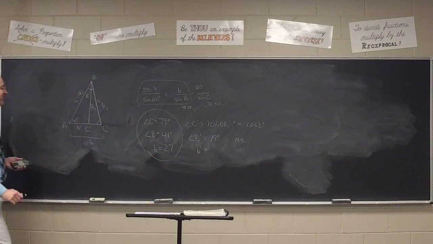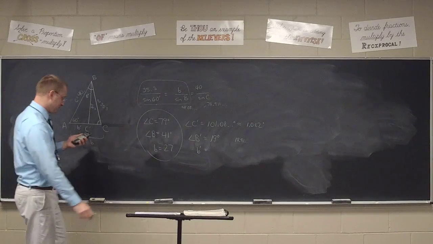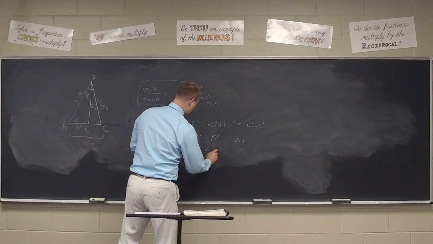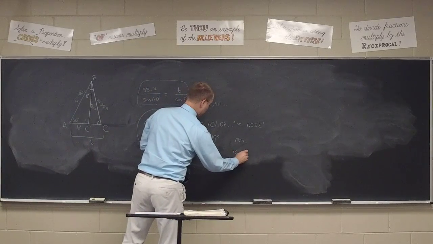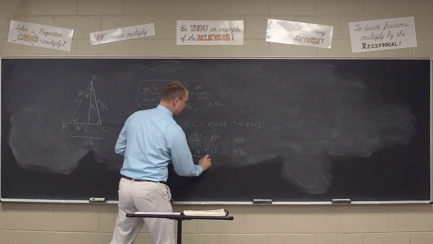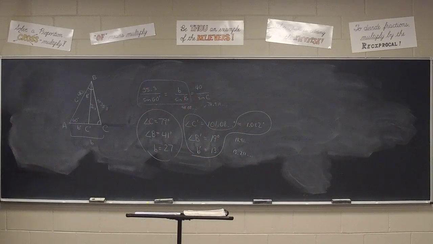Just kept waiting for that one. And we will take the sine of the 18.91 times 35.3, divide out sine of the 60, and what do we get for little b prime? Oh, that's true, 13.211, but rounded, 13. And there are our answers for the big triangle.